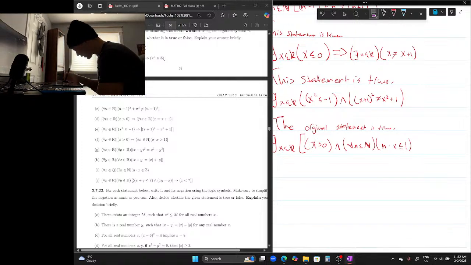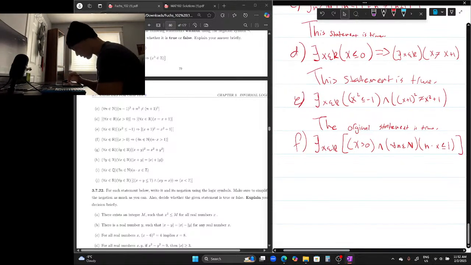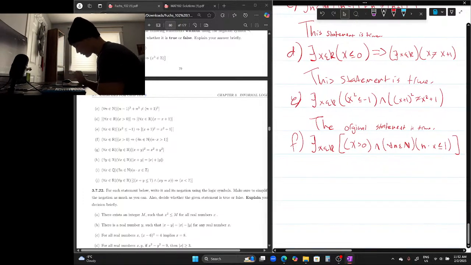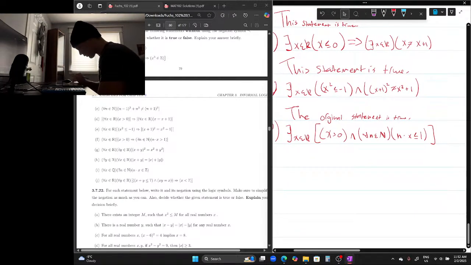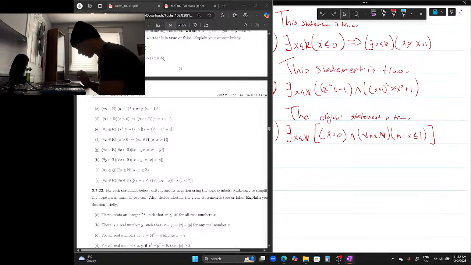Okay. There exists an X in R such that for X greater than 0 and for all N in N, so this statement is true because you could have N be equal to any number and this statement is true.